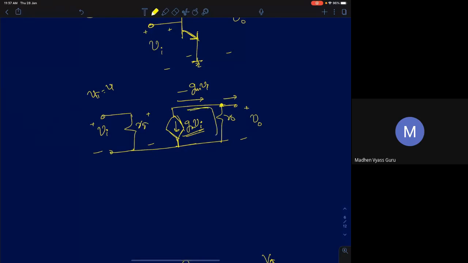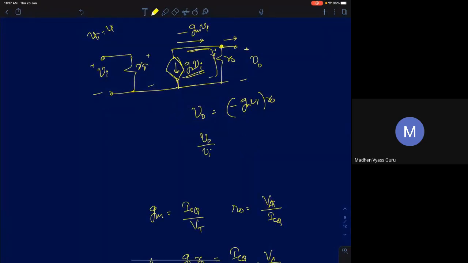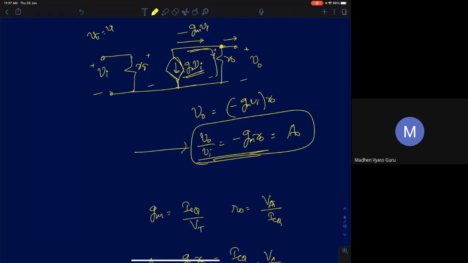It's going to flow through the resistance r0 and create a voltage drop of V0, which will be minus gm Vi, the current, into r0. So the ratio of V0 by Vi is minus gm into r0. This is your intrinsic gain. The unloaded gain of the simplest common emitter configuration is minus gm r0.